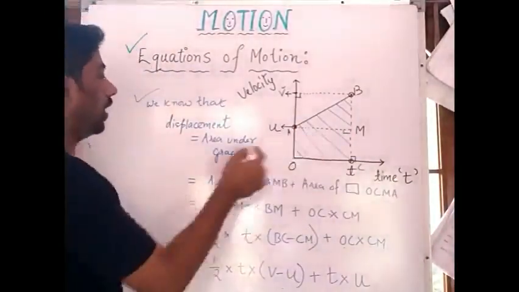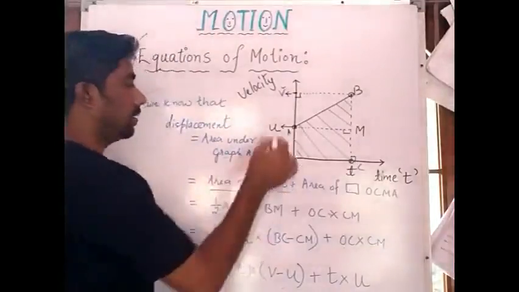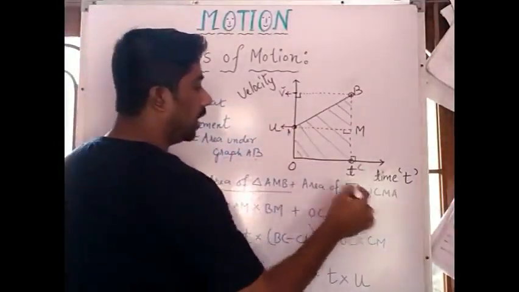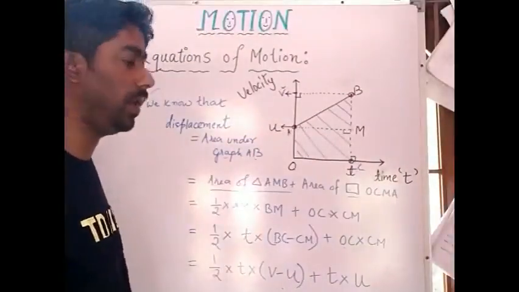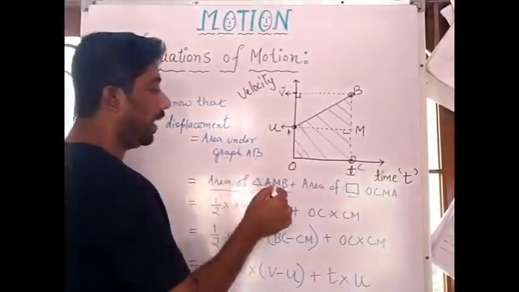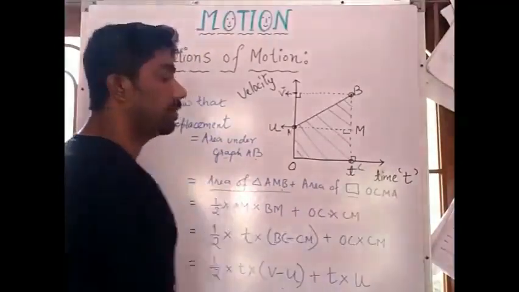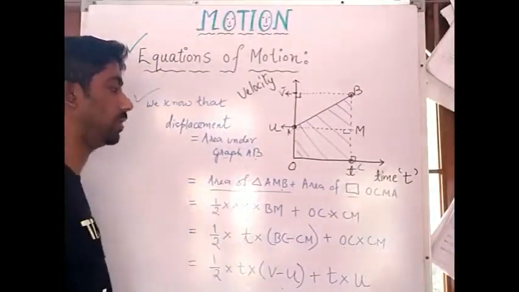It is clear from the diagram that the area under graph AB is composed of the area of triangle ABM, this part, plus the area of rectangle OCMA. So we will find the area using the respective formulas.